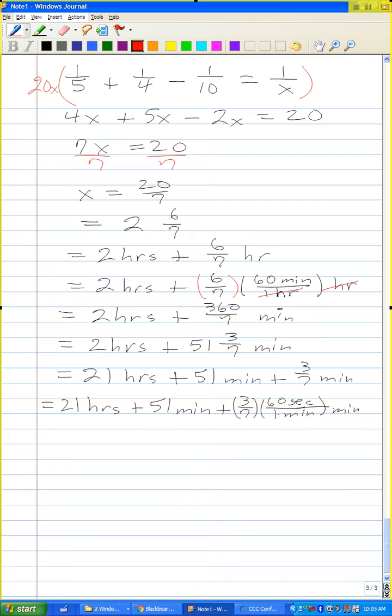And so if I multiply by 60, I'll get 2 hours, 51 minutes, and 180 over 7 seconds. 180 divided by 7 is 25 and 5/7 seconds.